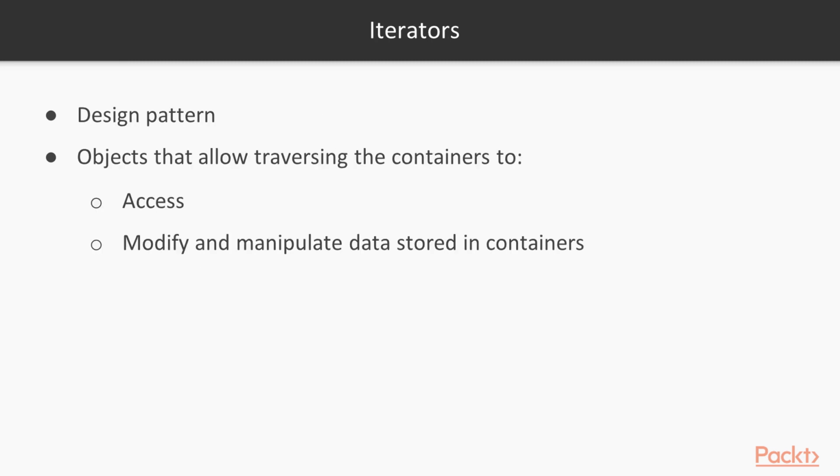An iterator is a design pattern. But interestingly, the STL work started much before the Gang of Four published their design patterns-related work to the software community. Iterators themselves are objects that allow traversing the containers to access, modify, and manipulate the data stored in the containers. Iterators do this so magically that we don't realize or need to know where and how the data is stored and retrieved.